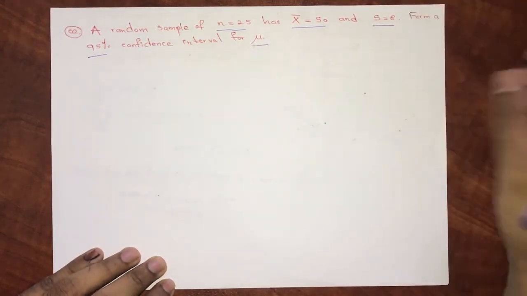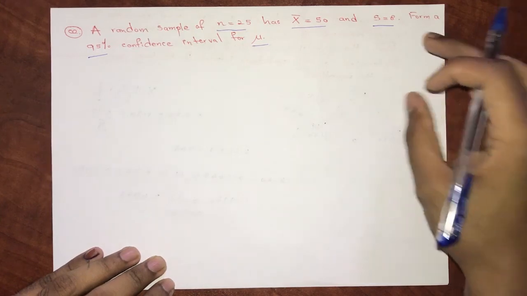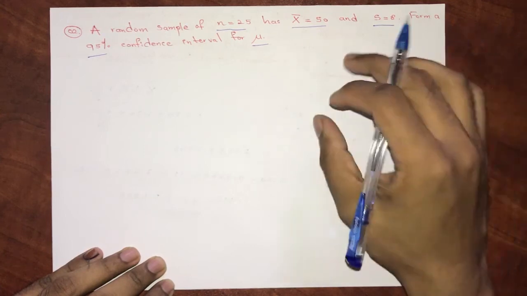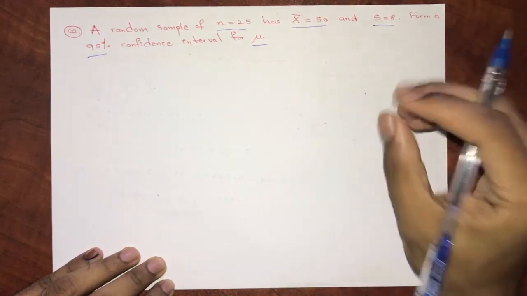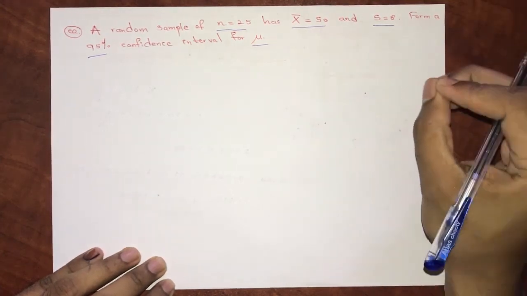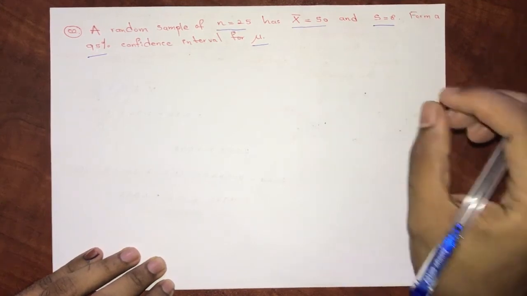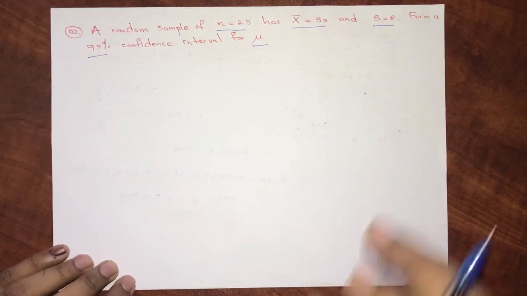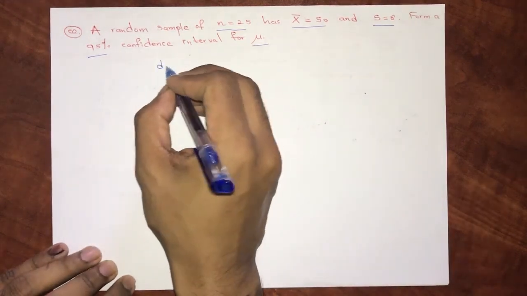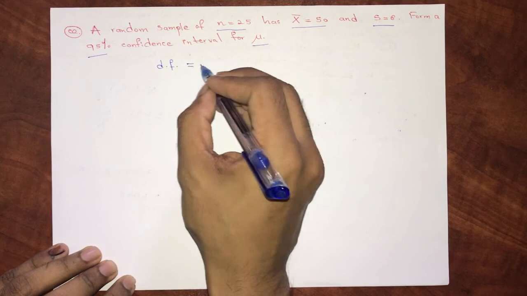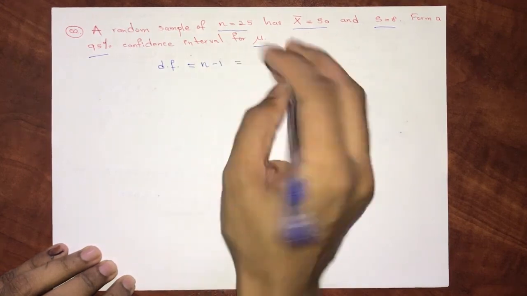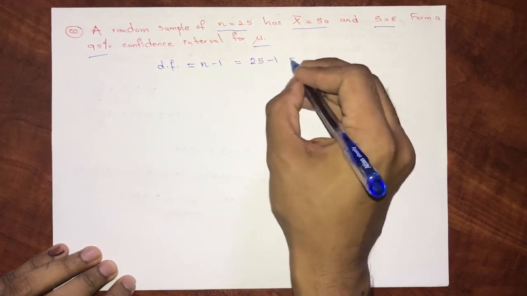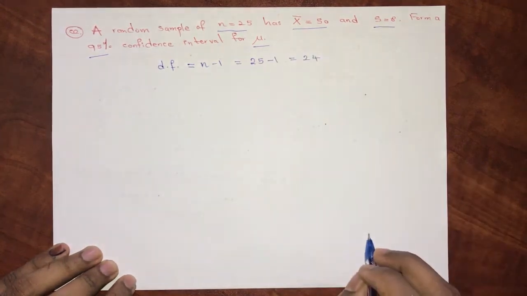Since you do not know your population standard deviation, you will not be using the standard normal distribution, that is your Z distribution. You will be using the student's t distribution, since you're given the sample standard deviation. So we write down the degrees of freedom, which is n minus 1. N in this case is the sample size, 25, minus 1. Your degrees of freedom is 24.